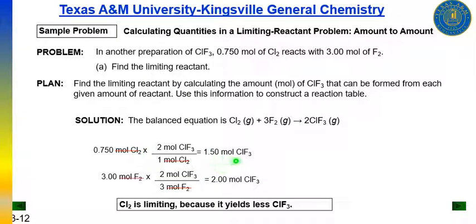The one that gives you the least yield, that reactant is your limiting reactant. So in other words, your chlorine Cl2 is the limiting reactant because it produces less product yield.